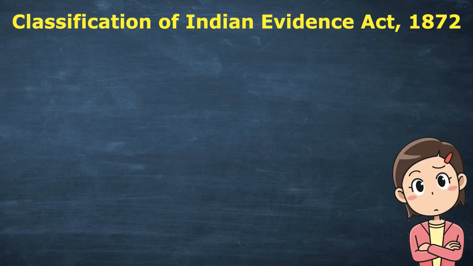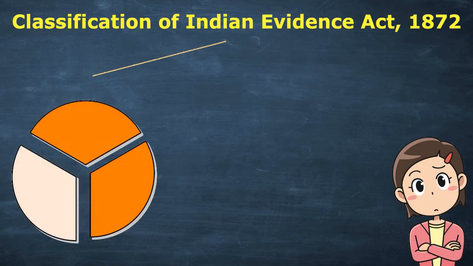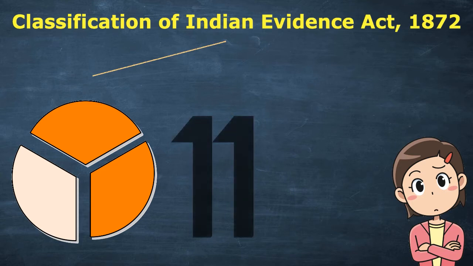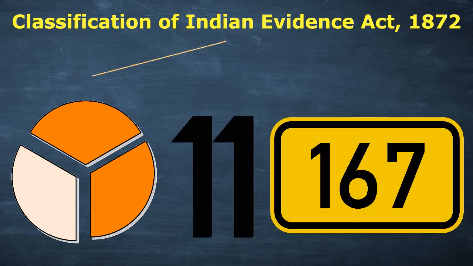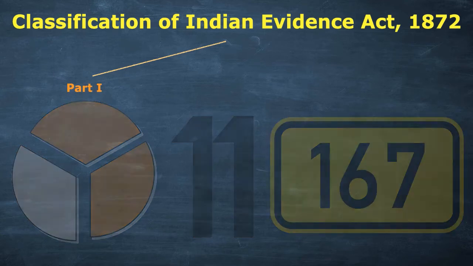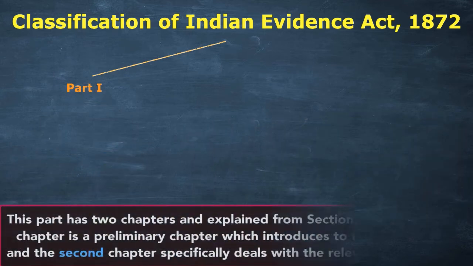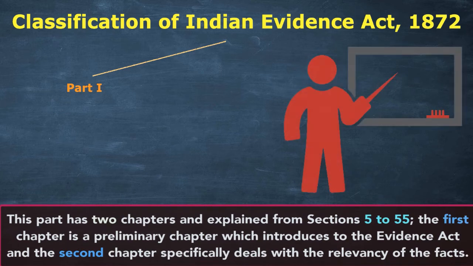The Indian Evidence Act is primarily classified into three parts, with a total of 11 chapters and 167 sections. Part 1 has 2 chapters and covers sections 5 to 55.